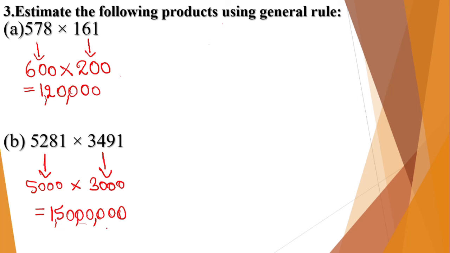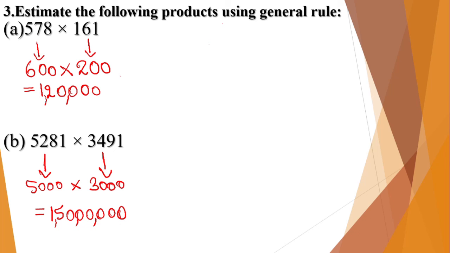So we got our answer as 1 crore 50 lakhs. Right. So this is the estimated product because here we estimated the numbers and we used the multiplication operation. So multiply means products and here we estimated the numbers, right? So it is an estimated product.